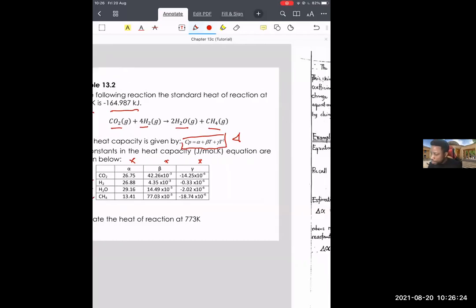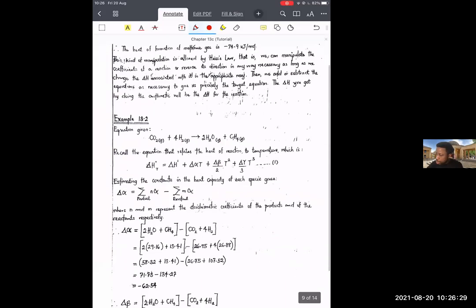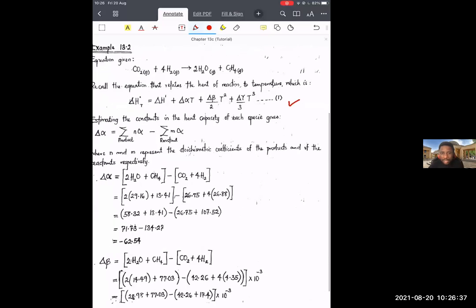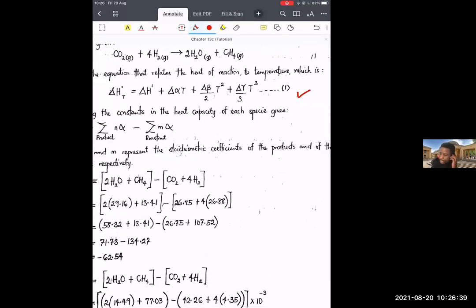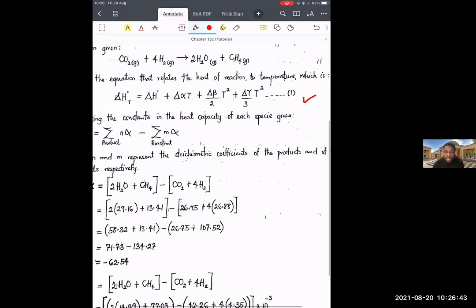So let's move on. So 13.2. Remember, we are given this, we have that in the slide. I mentioned earlier that in the slide we looked at the dependence of heat of reaction on temperature, and that is given by this.